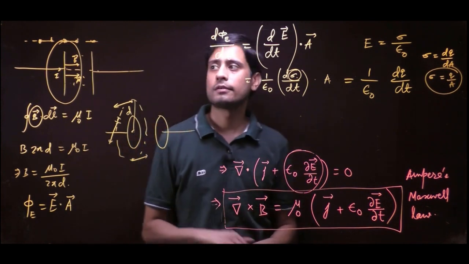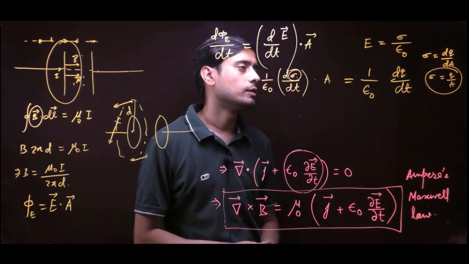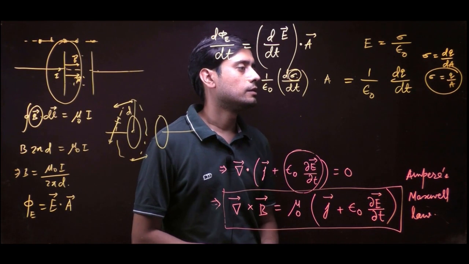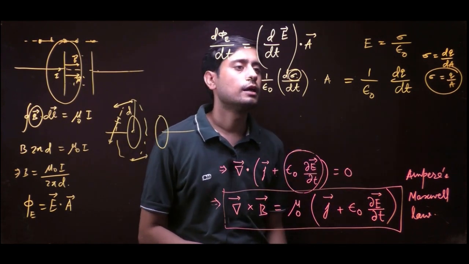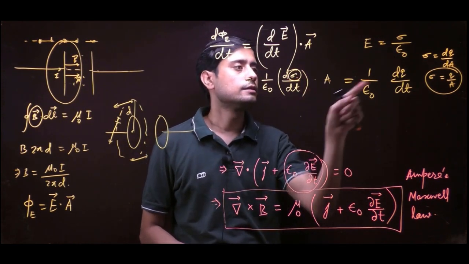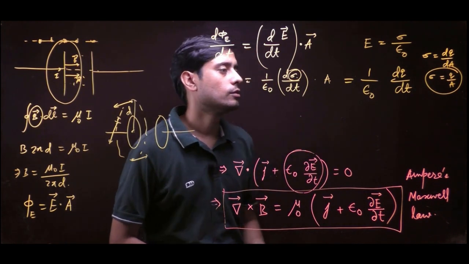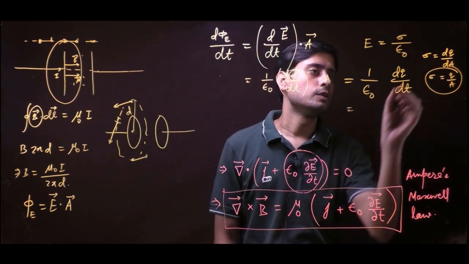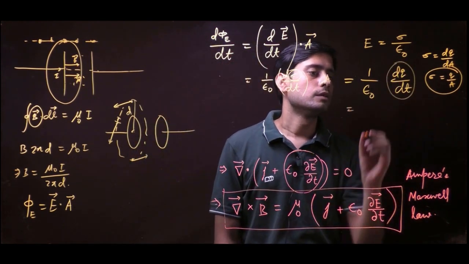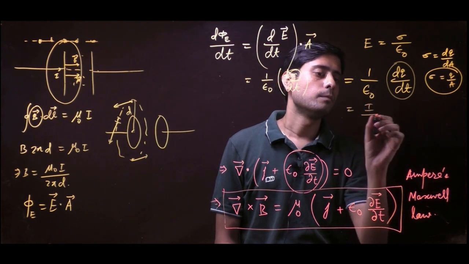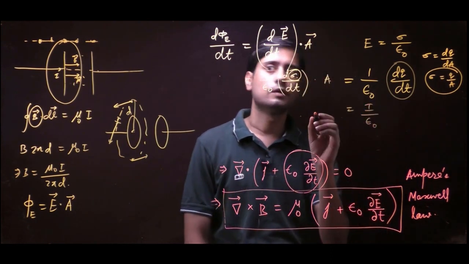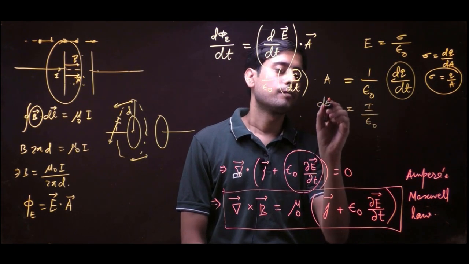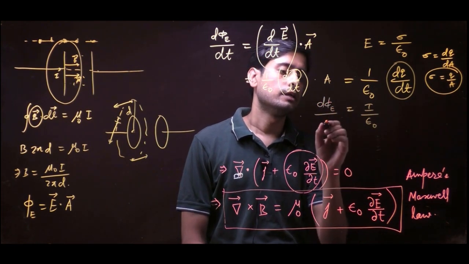So sigma is constant everywhere on the plate, so it is directly q upon A. So you can write sigma times A as q, so it becomes dq upon dt, and dq by dt is equal to the current. So we have I upon epsilon naught equals d phi E by dt.